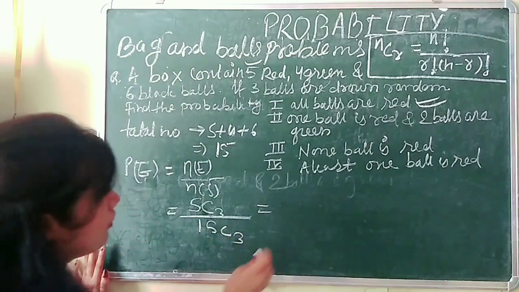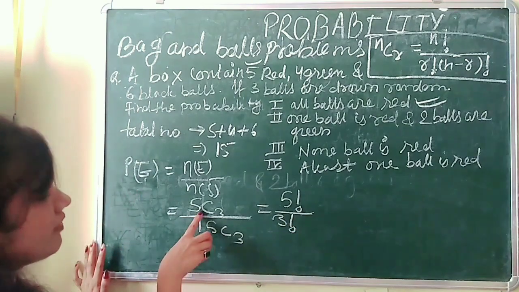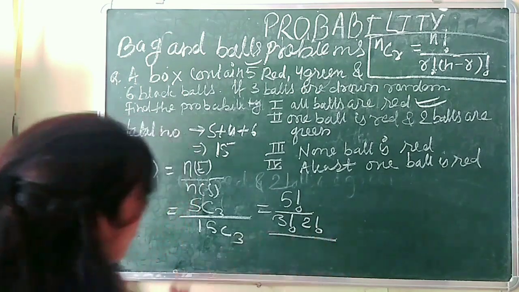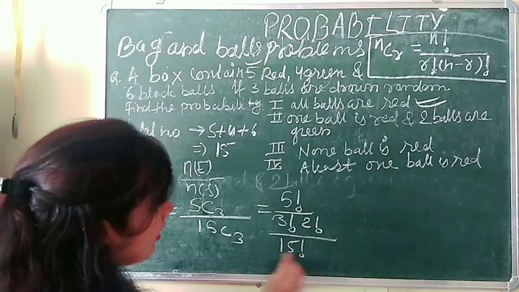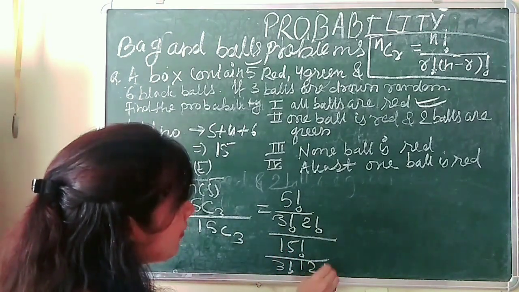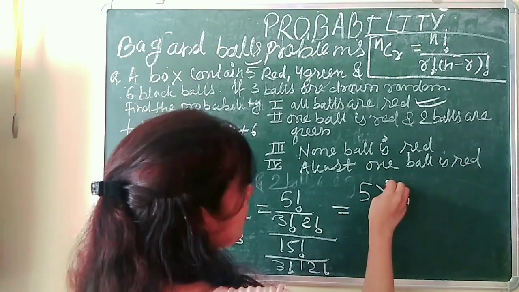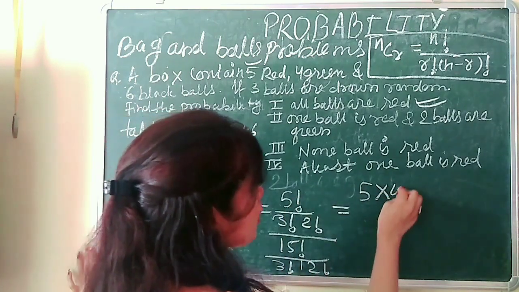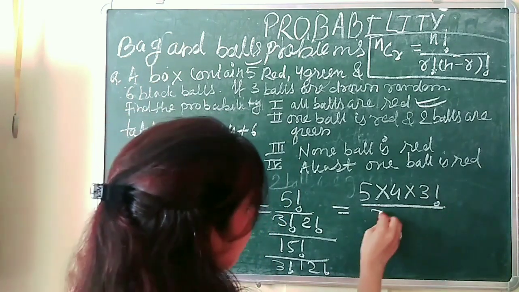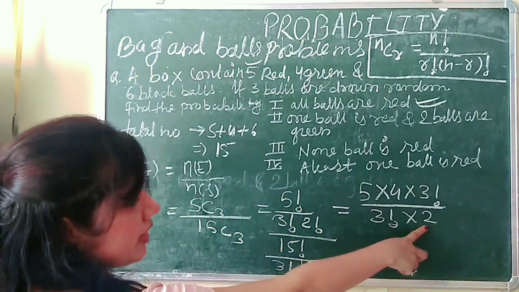Now we will open it. We get 5 factorial upon 3 factorial times (5 minus 3) factorial, that is 2 factorial, upon 15 factorial upon 3 factorial times (15 minus 3) factorial, that is 12 factorial. Now we will solve it. Expanding 5 factorial, that is 5 cross 4 cross 3 factorial upon 3 factorial cross 2 factorial, which is 2 cross 1.